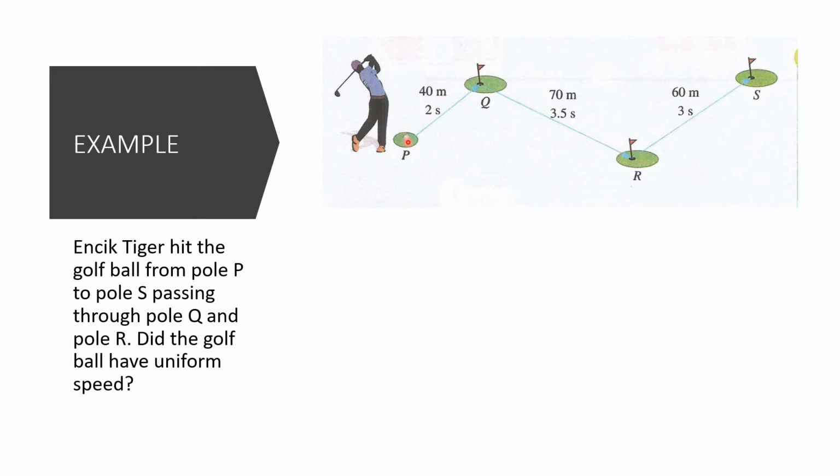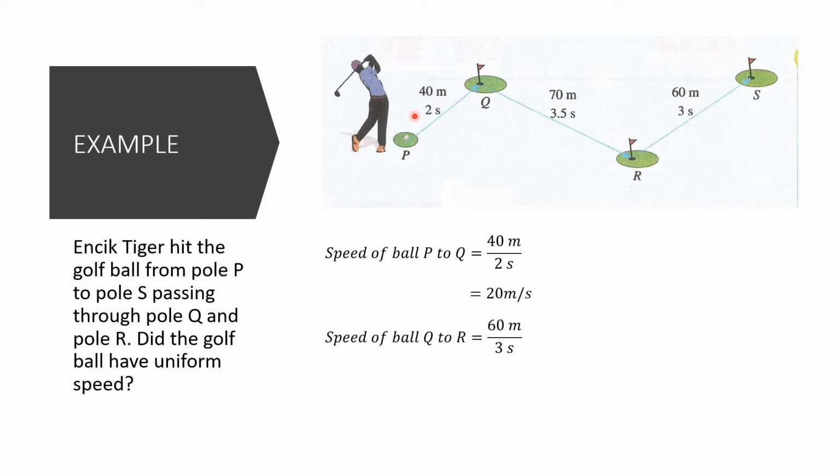From P to Q, the ball travels 40 meters in 2 seconds. So we calculate the speed of the ball from P to Q, which is 40 meters over 2 seconds. This will give you 20 meters per second. Then from Q to R, the ball travels 70 meters in 3.5 seconds, and from R to S, the ball travels 60 meters in 3 seconds.